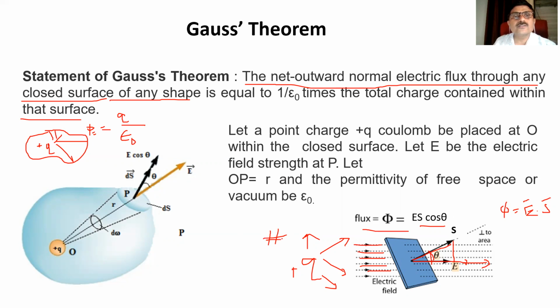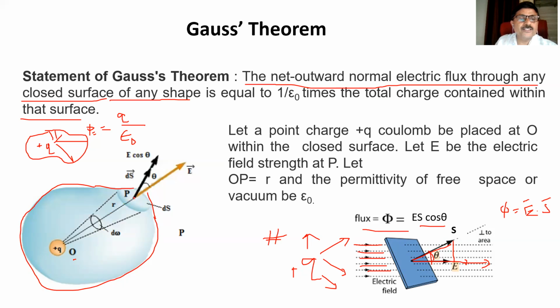So in order to prove this Gauss theorem, let us consider a charge plus q coulomb. It is placed at this point O within this closed surface. This is a closed surface. The closed surface may be of any shape, remember, it may be of any shape. And let E be the electric field at point P. You have seen the definition of the electric field.